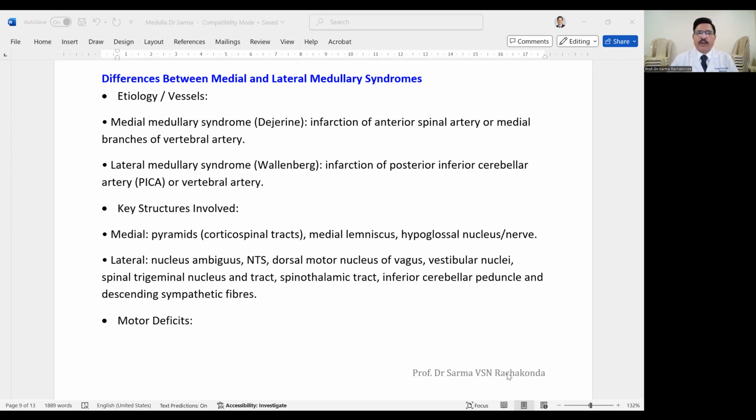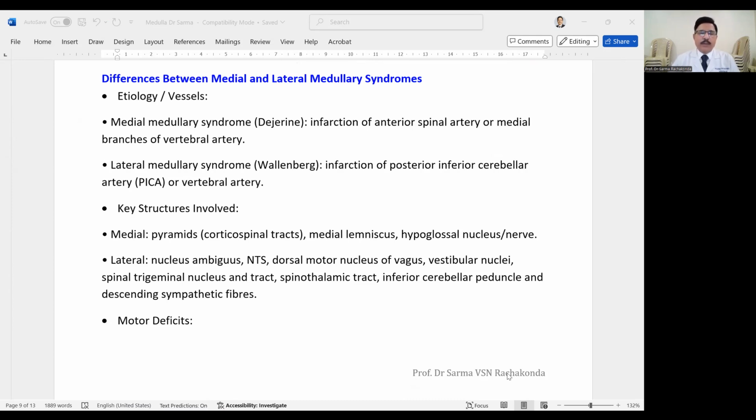You know now clearly. Medial medullary syndrome, anterior spinal artery, medial branch of vertebral artery. Lateral medullary syndrome, PICA, vertebral artery. Key features: medial, pyramids, corticospinal, medial lemniscus, opposite side, hypoglossal, same side.